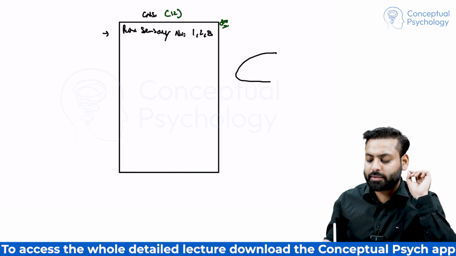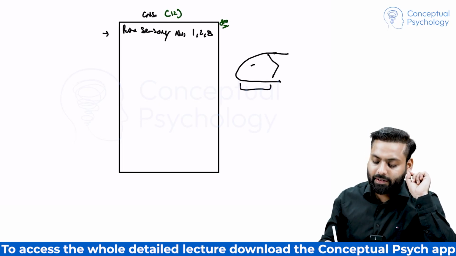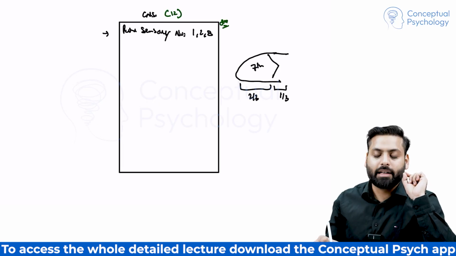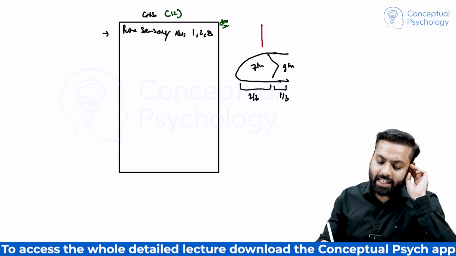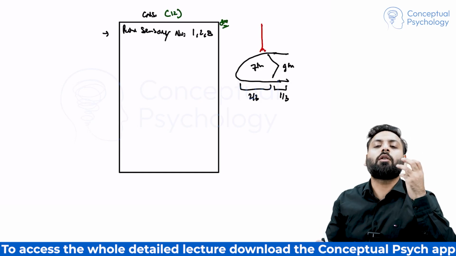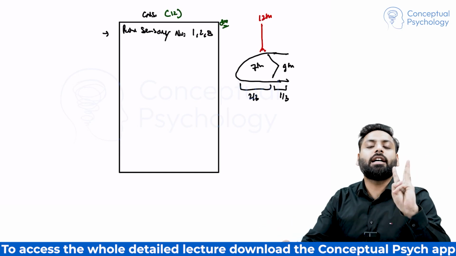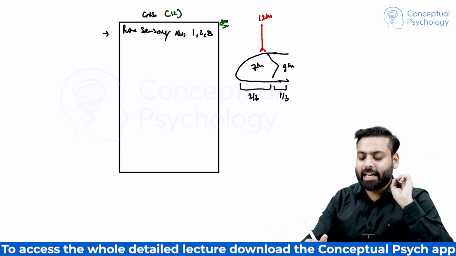Then you remember about tongue. Who supplies anterior 2/3 of the tongue? 7th nerve. Who supplies posterior 1/3 of the tongue? 9th nerve. And who supplies the muscles of the tongue? 12th nerve. 3 nerves you have to remember which are related with the tongue: 7th, 9th and 12th.